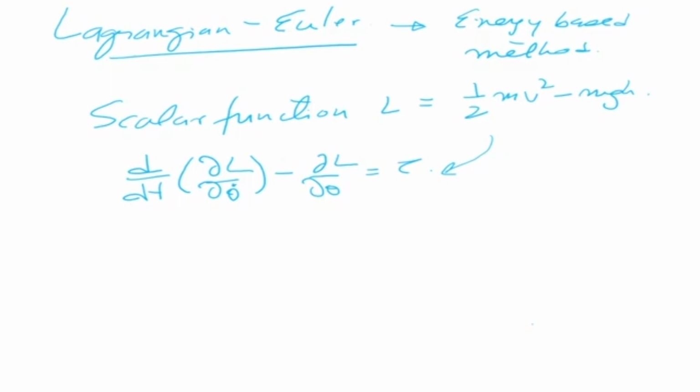Okay, so a very simple example of this is given here. We want to take a very simple example to start off with. So let's look at the simplest of the simplest examples.